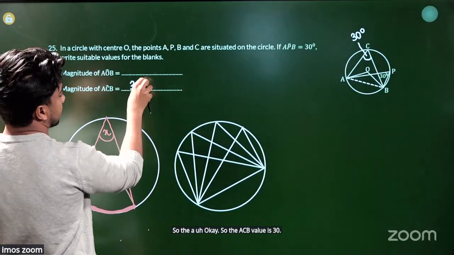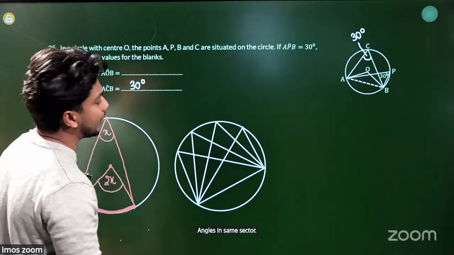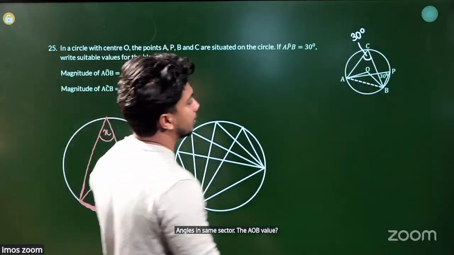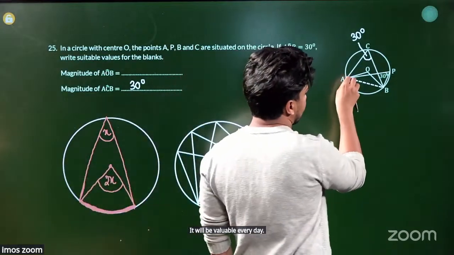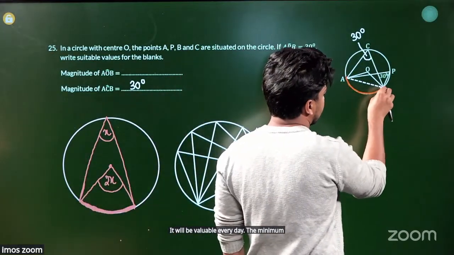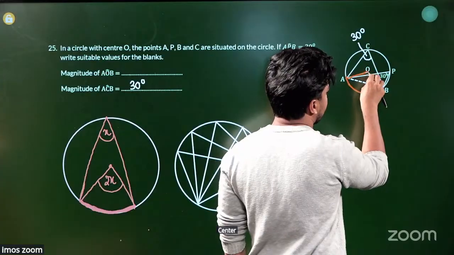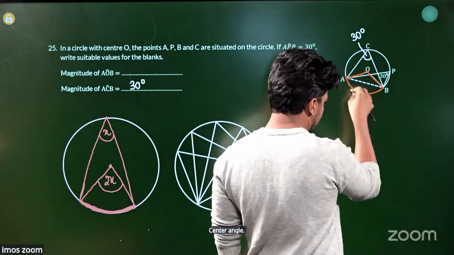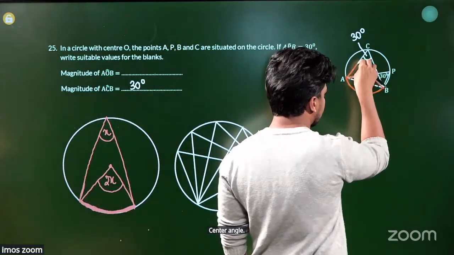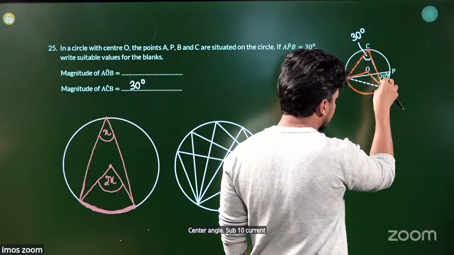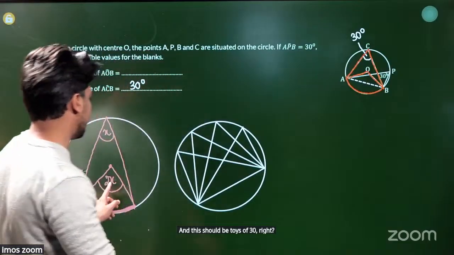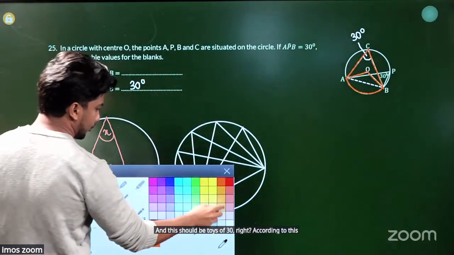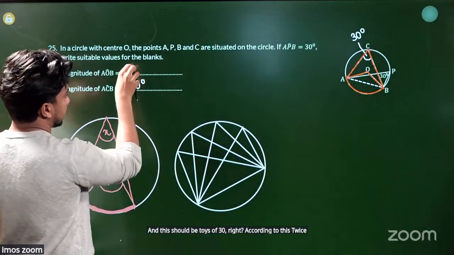Angles in the same sector. Now the AOB value: the angle this arc length subtends at the center is AOB, and the angle this arc length subtends on the rest of the circle is 30. So this should be twice 30, right? According to this, twice 30 means 60.